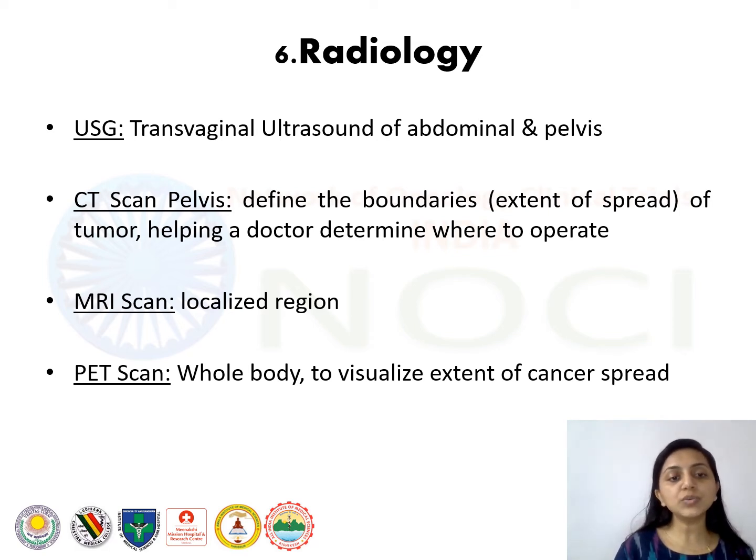But we also have the CT scan and the MRI scan of the pelvis, which help us to study the uterus, the ovaries, the extent of spread of the disease, if any lymph nodes have been involved, how far the disease has gone, etc. There is also a PET scan, which is a whole body scan, which shows us where all the disease has spread, which all organs it has affected, and helps us to identify the stage of the disease.